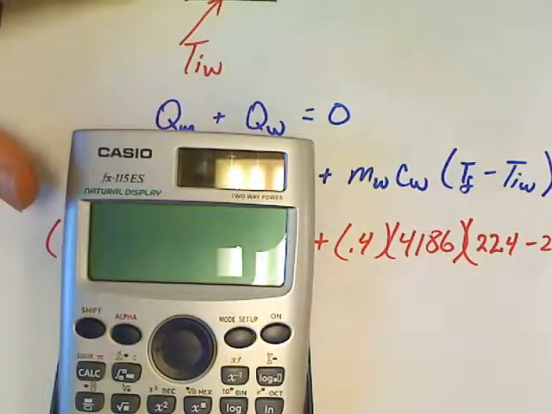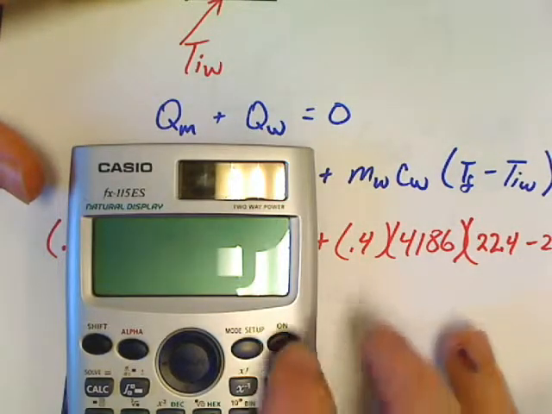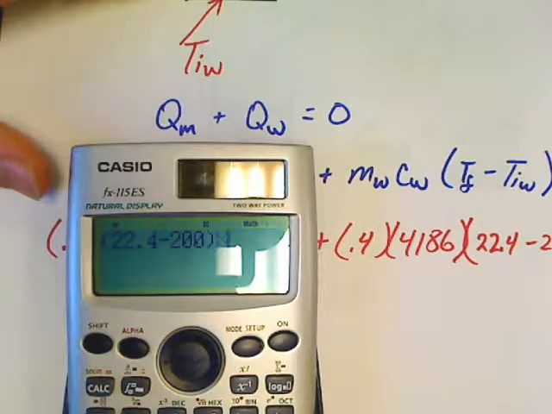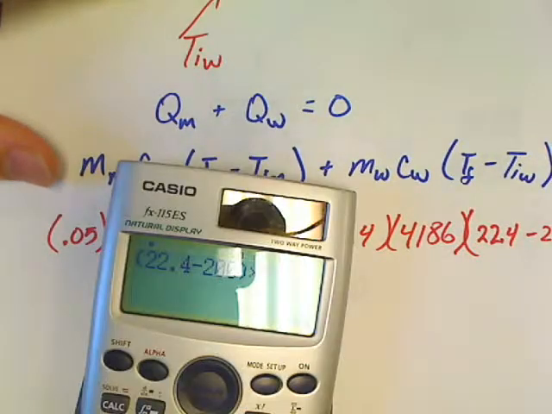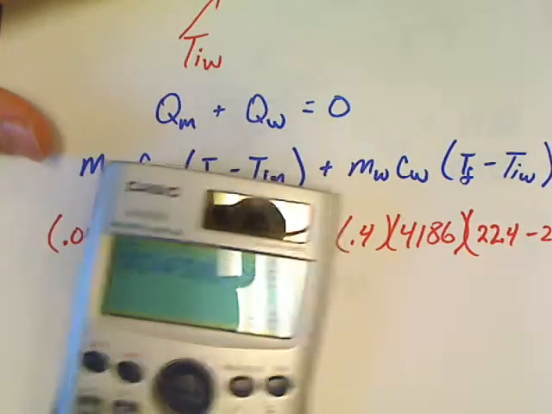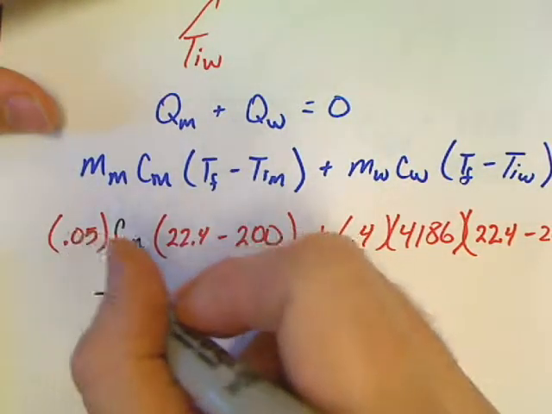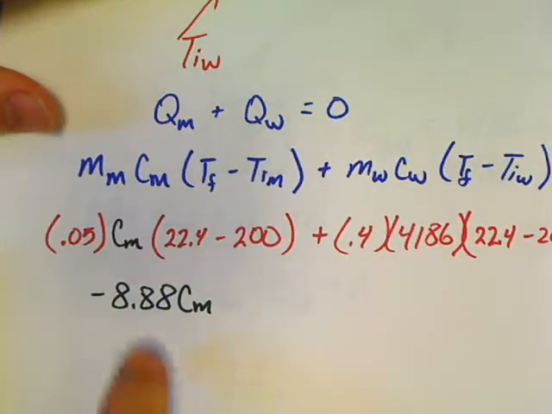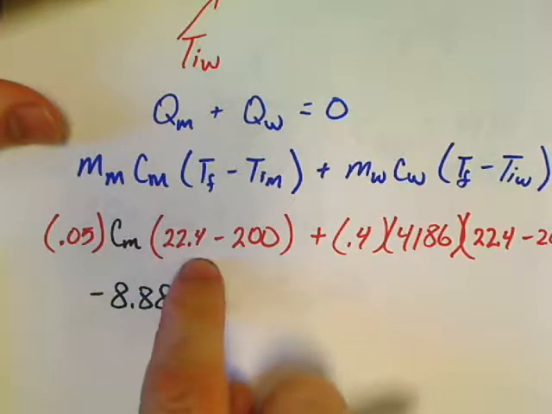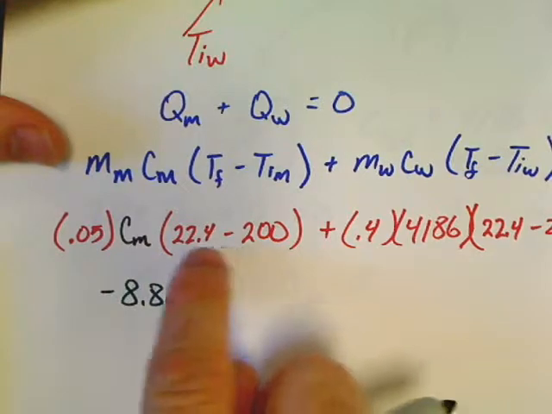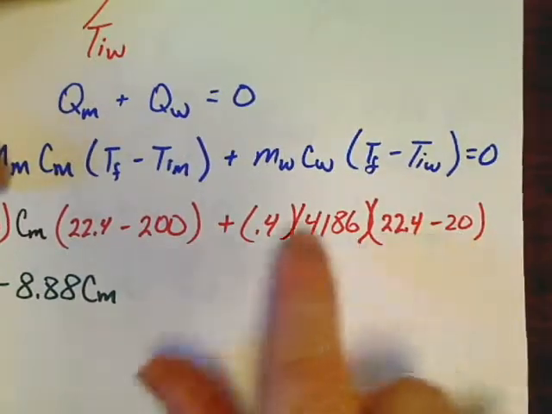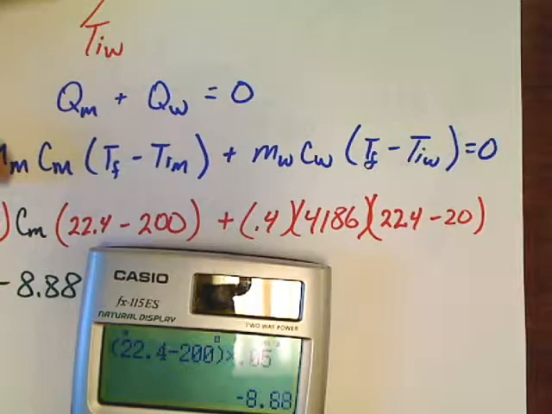So what we got here, I'm going to put in parentheses 22.4 minus 200 times 0.05, equals, I've got negative 8.88 CM. So I've got this, and that's what everybody does. They screw this up in the calculator. Take this difference and then multiply it. Now come over here. This I can put in my calculator all at once.